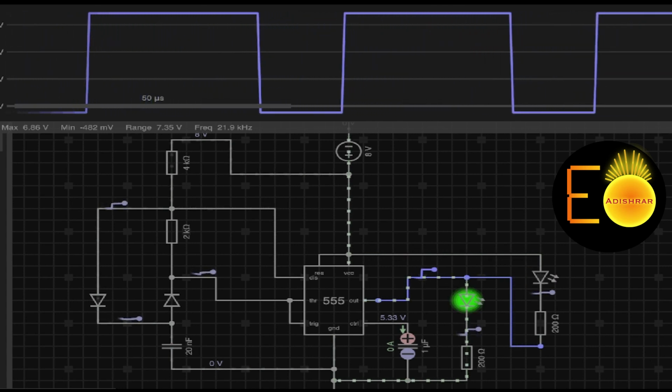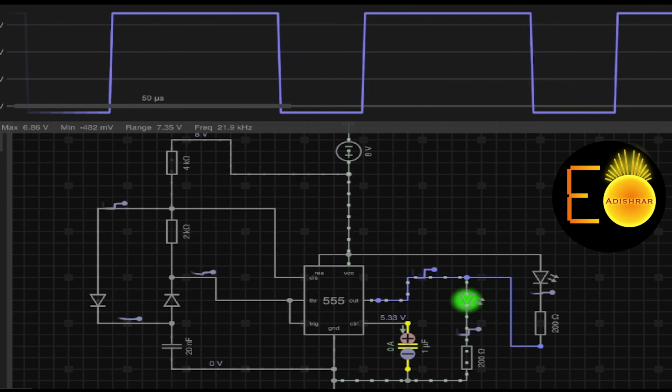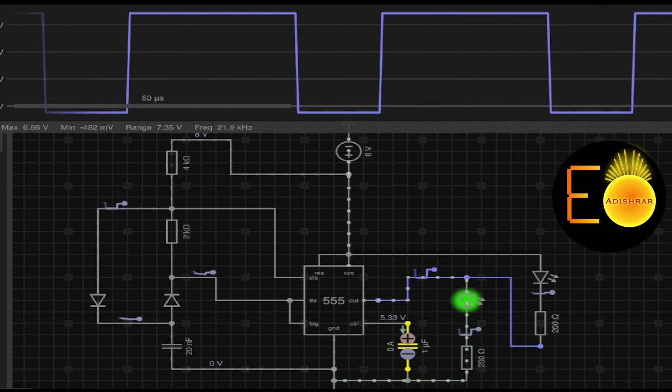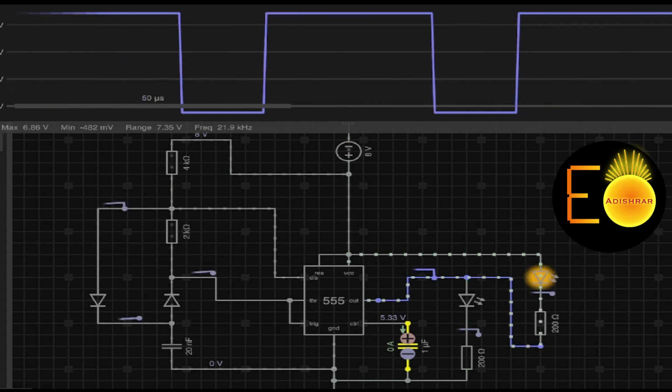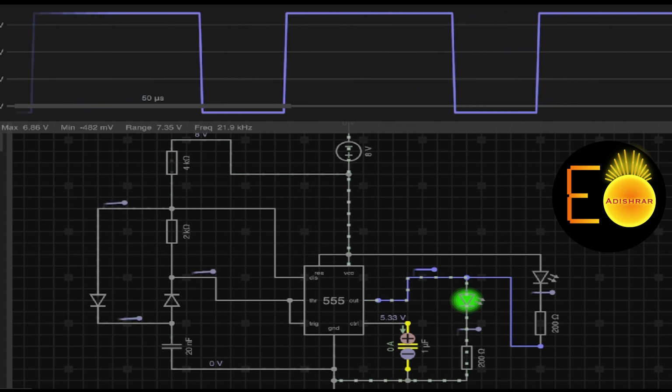Now another interesting thing I'm going to explain is associated with the control pin that I told you about in my previous tutorial, that I can do many interesting things using this control pin. So that's the thing I'm going to explain right now.